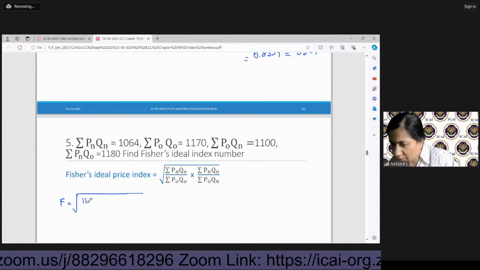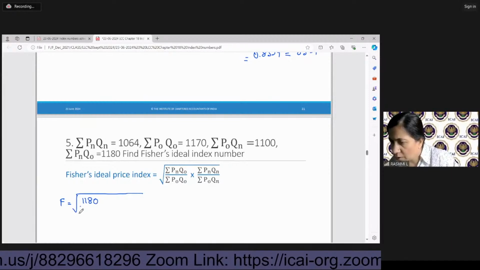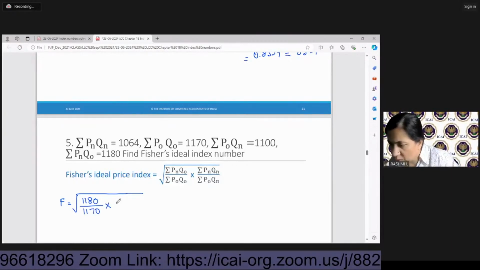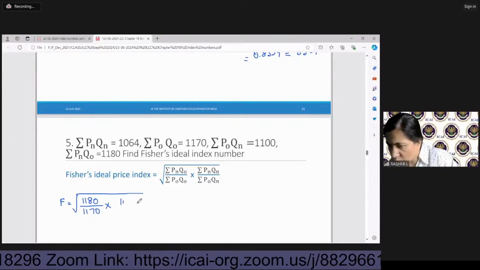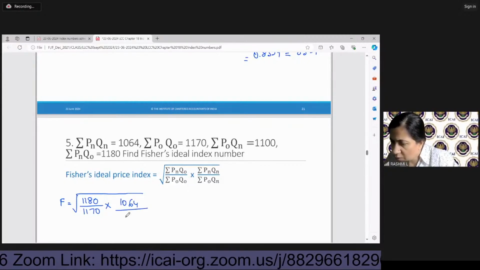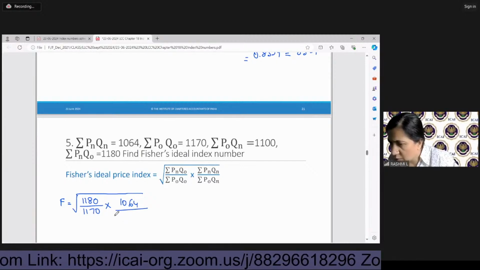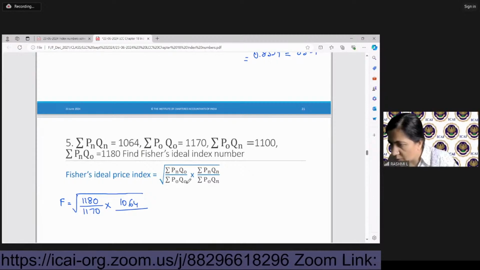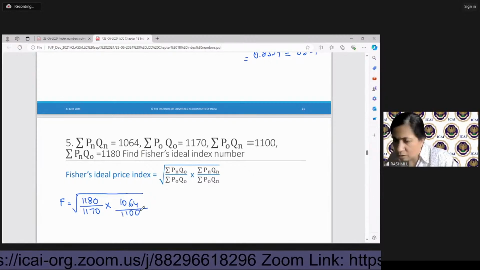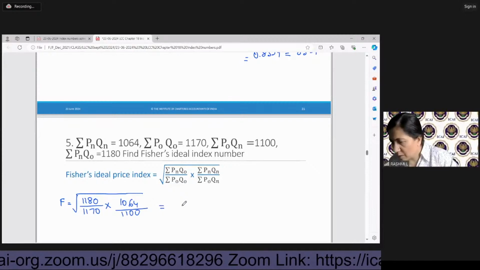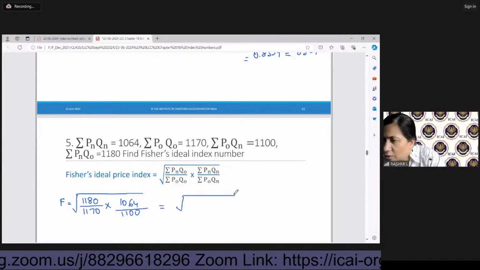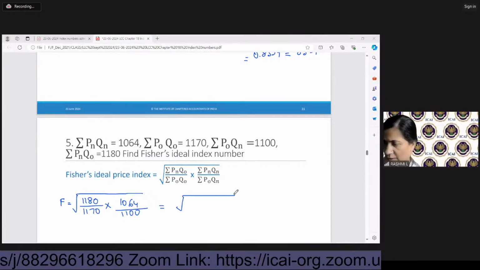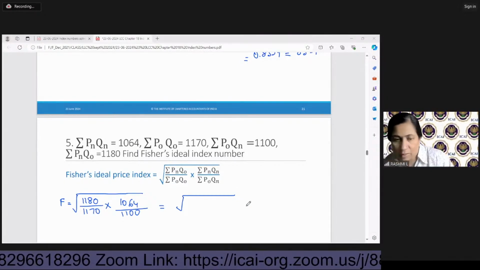PnQ0 is 1180 upon P0Q0 is 1170 into PnQn, that is 1064, and you have P0Qn, 1100. So this is square root of how much? Numerator, has anybody calculated? Vishwa is saying 98.79. He's saying the final answer is 98.79.